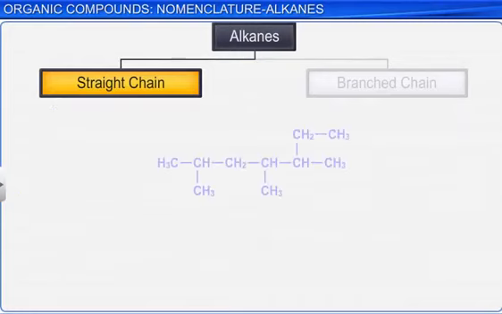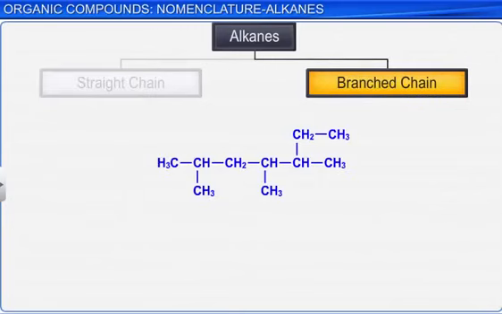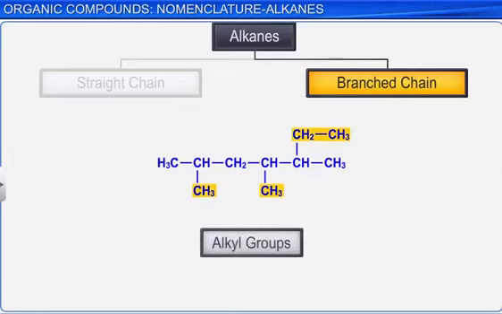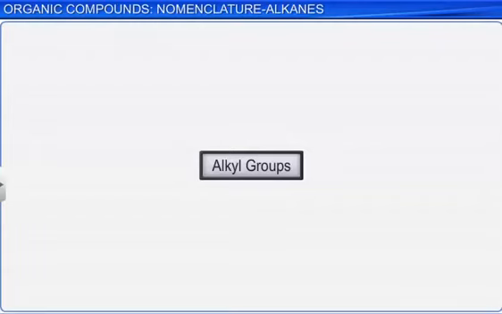Let's look at the trivial and IUPAC names of the branched chain alkanes. Small chains of carbon atoms attached at 1 or more carbon atoms of the parent chain is said to be a branched chain. These small chains of carbon atoms are called alkyl groups. Let us briefly study the alkyl groups.